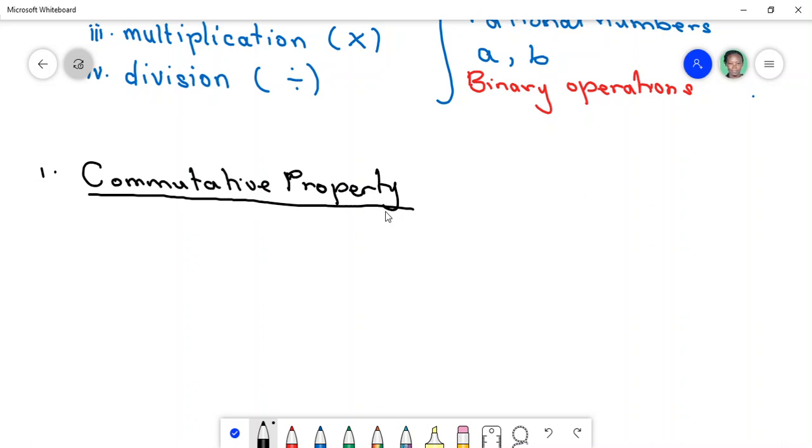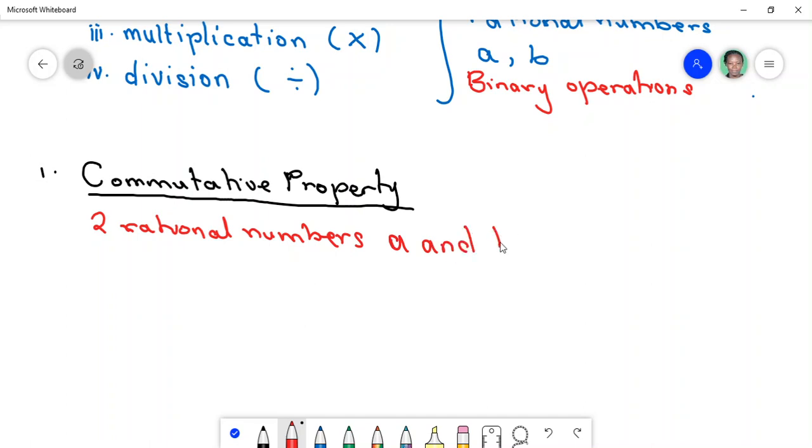So if I say something is commutative, what does it mean? Let's say given any two rational numbers, A and B, when do we say they are commutative?